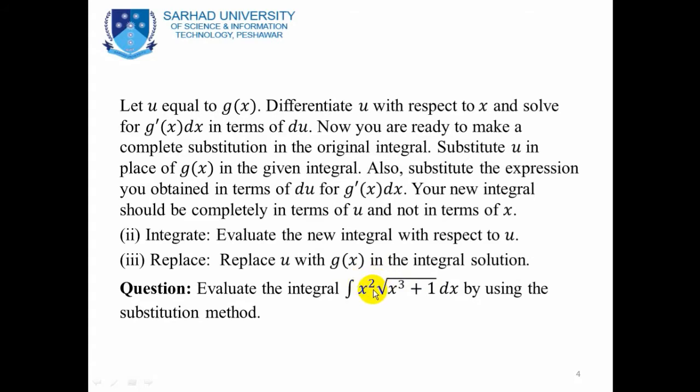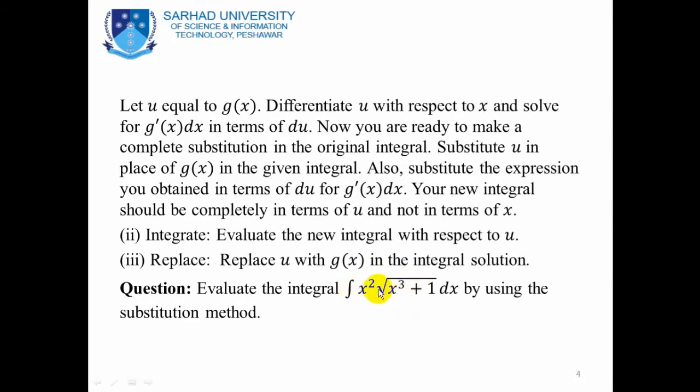So dear student, note that we suppose that part of the function for u substitution such that after the derivative we get the other part of the function in u. So for example, if we suppose x square, then after the derivative we obtain 2x du. So this part should not be supposed as the u function. So dear students, suppose x cube plus 1. If we suppose x cube plus 1 is equal to u, then after the derivative we obtain 3x square dx is equal to du.